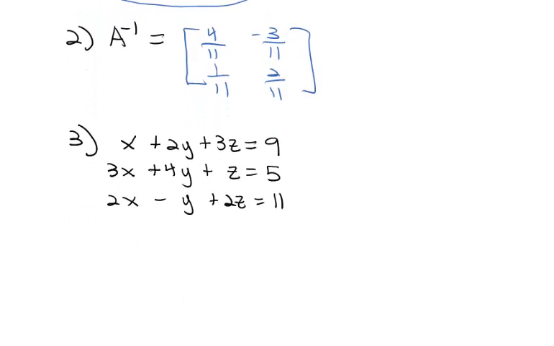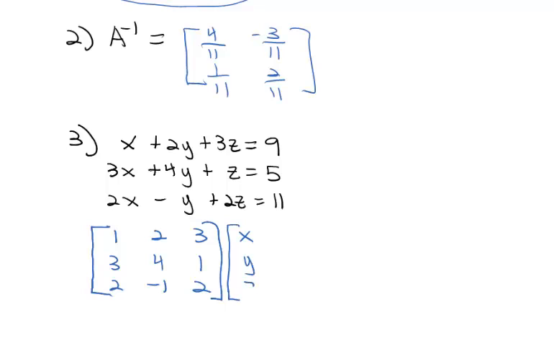Now if we were to convert this to AX equals B formation, matrix A would be the coefficient matrix 1, 2, 3, 3, 4, 1, 2, -1, 2, times the variable matrix x, y, z equals the solution matrix 9, 5, 11.